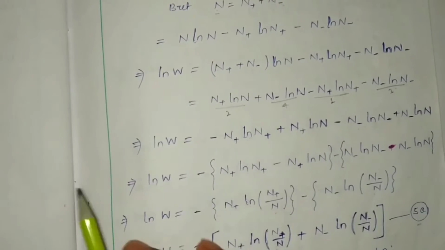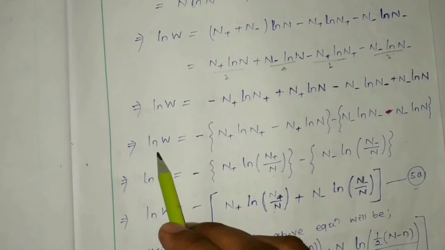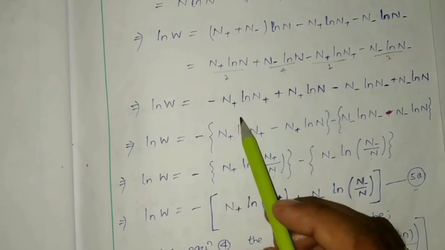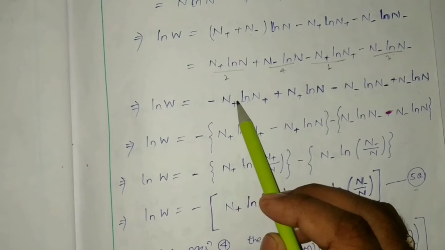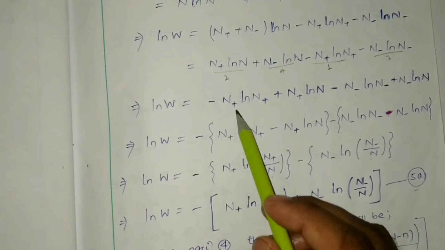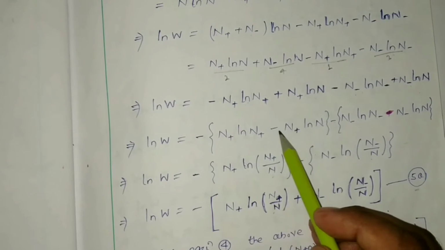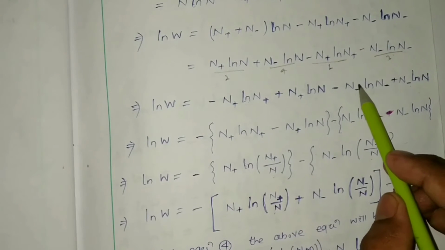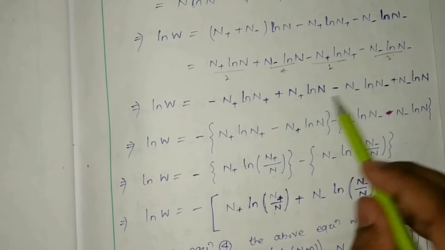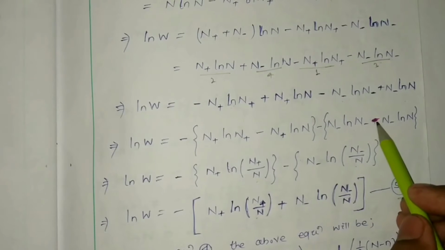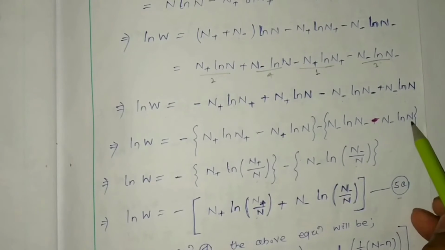Now that implies ln W is equal to, here you just take minus common from these two terms. How much can you get? In bracket n plus ln n plus minus n plus ln n. Now take minus common from these two terms, then it will be n minus ln n minus, and this is minus n minus ln n.